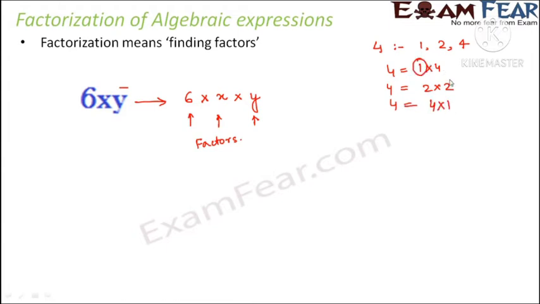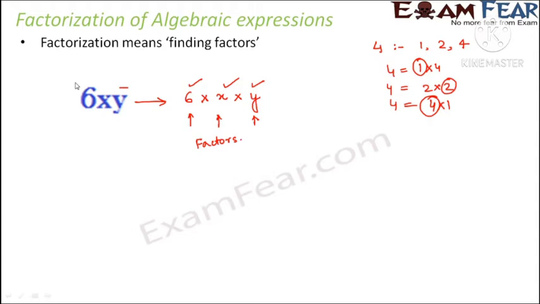So 1, 2, 4 are all factors of 4 because you can write 4 as a product of those numbers, or in other words, these numbers are exact divisors of 4. In this case also, whether you talk about 6, x or y, each of these is an exact divisor of the given expression 6xy. So 6, x and y are the factors of 6xy.